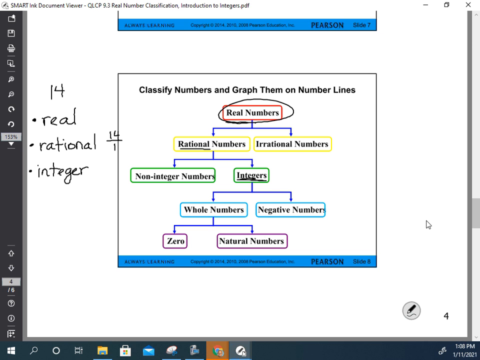Since it's positive, it's not a negative number, it's a whole number. And it's not equal to 0, so that means it's a natural number. So those are all the classifications for the number 14.